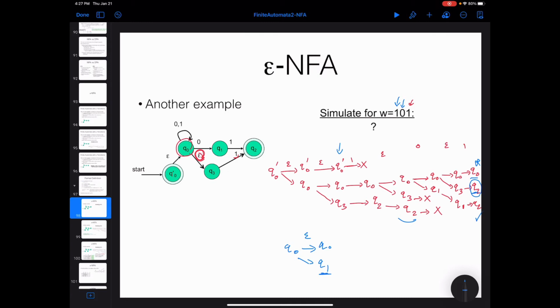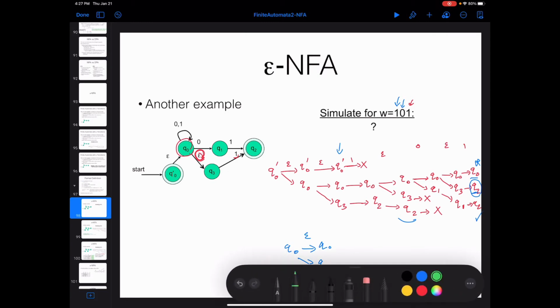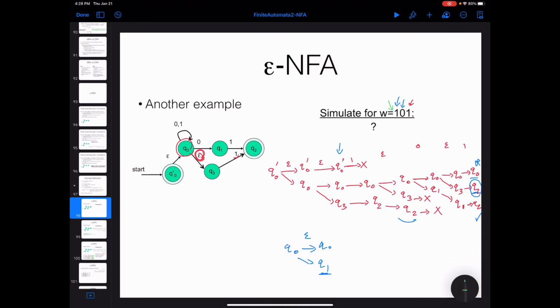But the main point that I wanted to emphasize here is that before and after reading any input symbol, you should see what would happen if you apply epsilon transitions.